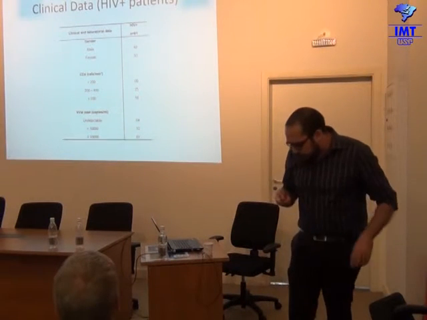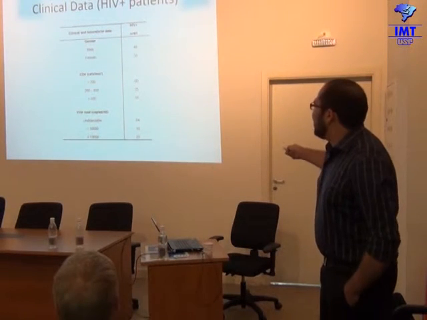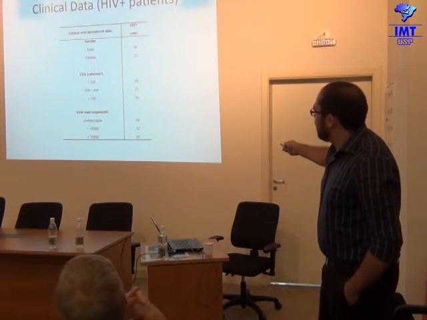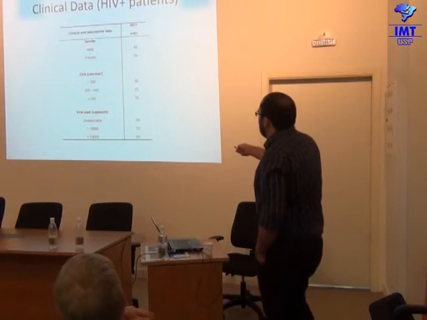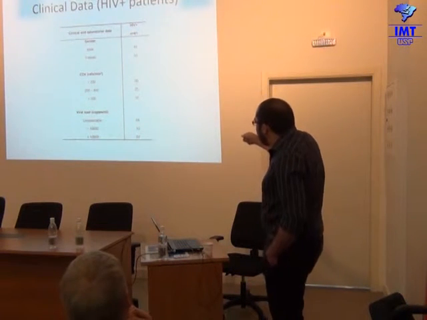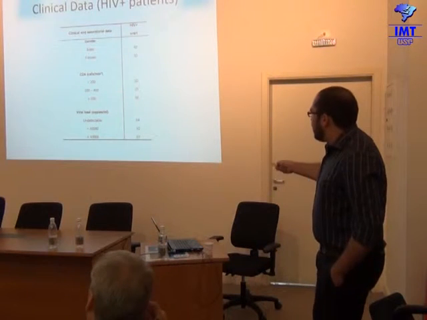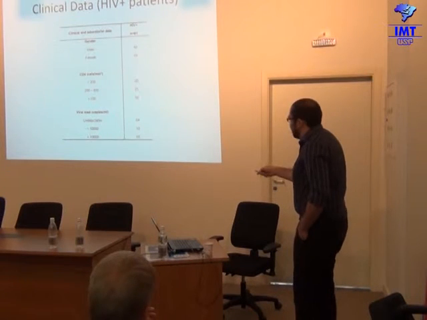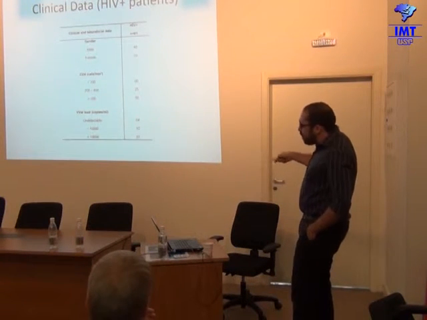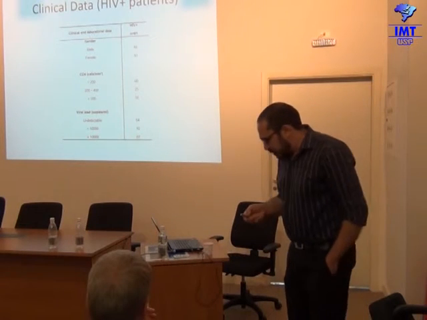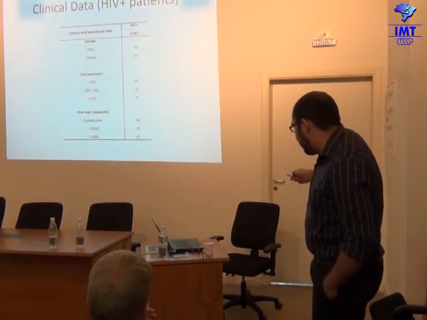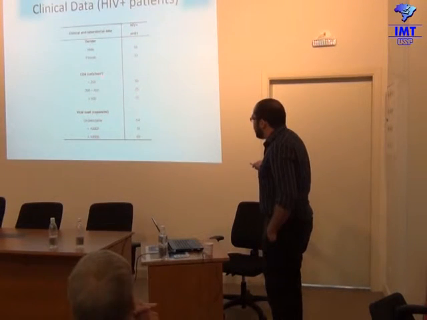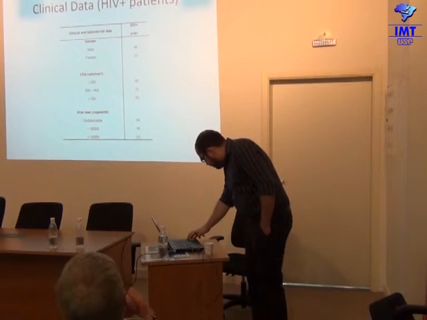Here we can see a table with some clinical data from HIV positive patients, 81 HIV positive patients. The majority are male, 48 patients. Here we can see CD4 count. The majority has over 500 CD4 cells per cubic millimeter of blood.